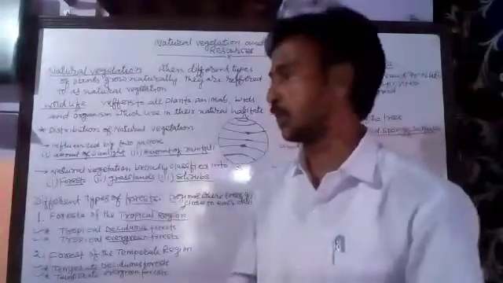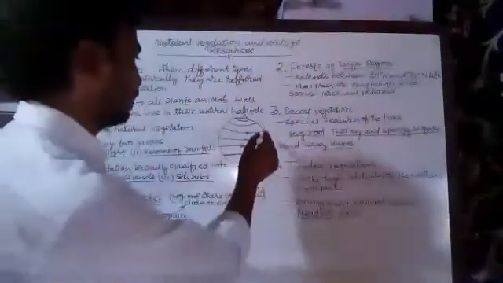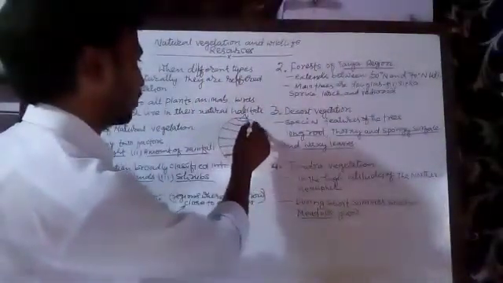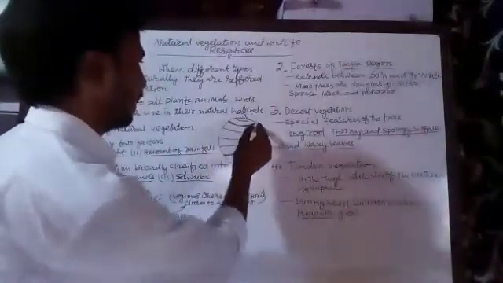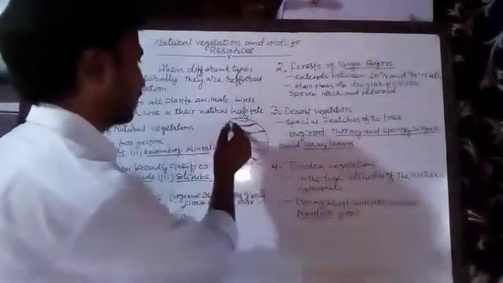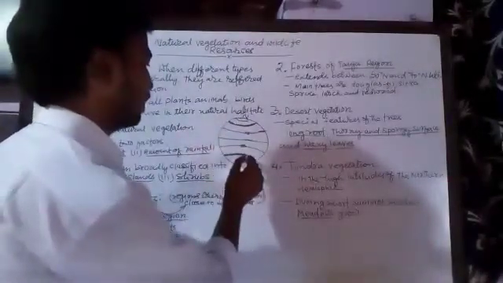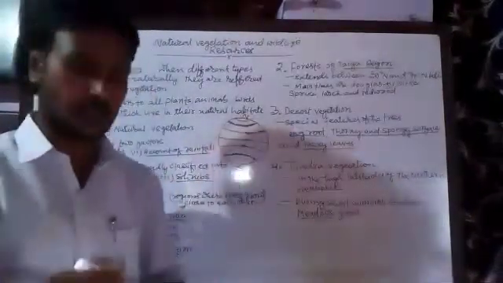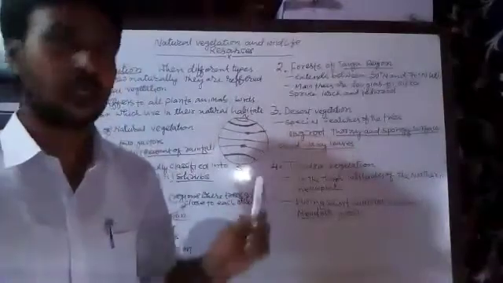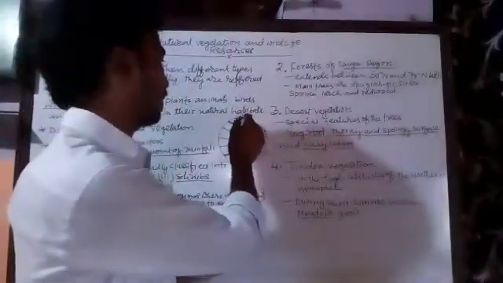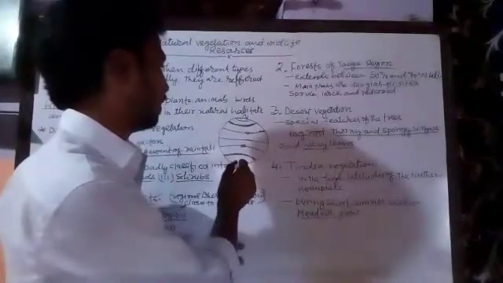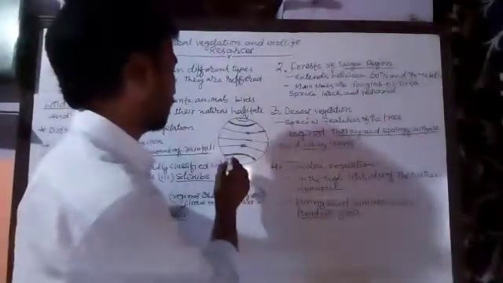Forest of the temperate region. As I have drawn here, these areas are called the temperate areas. These are on both sides; in the north also there is a temperate circle line. So the temperate areas are between the tropical area and the Arctic Circle, and between the tropical area and the Antarctic Circle.